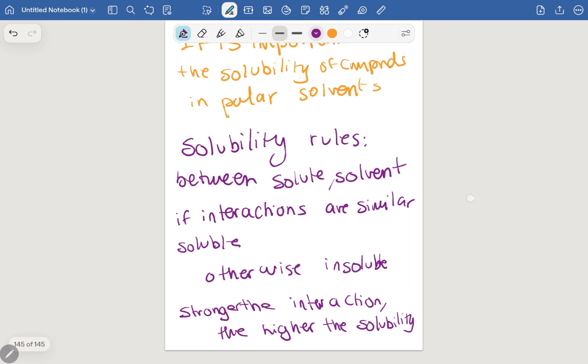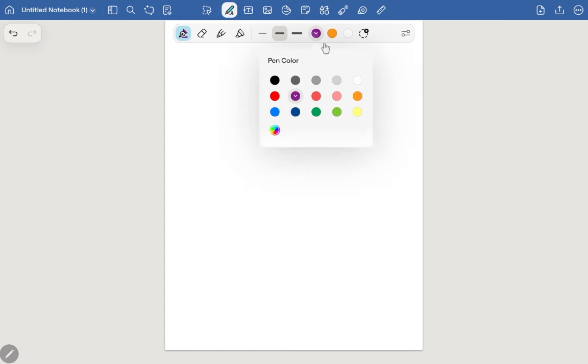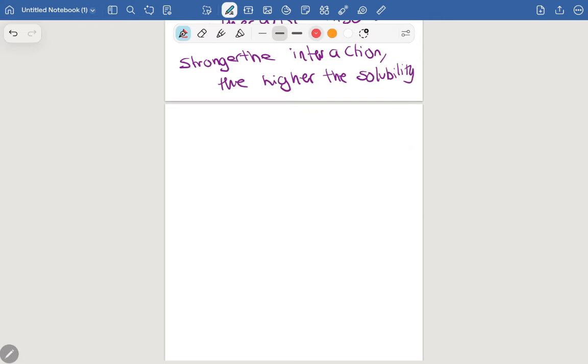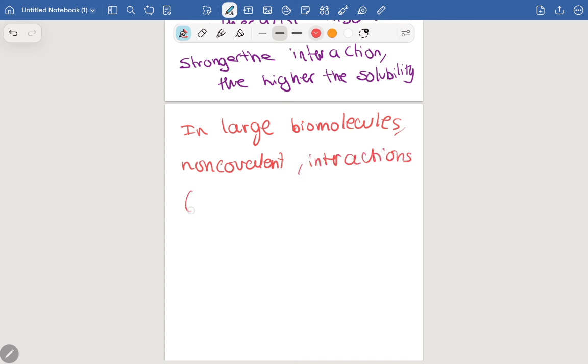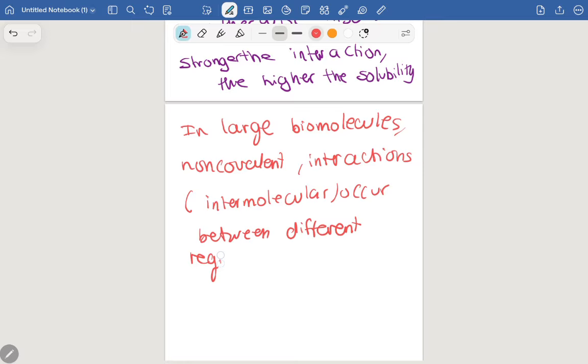Here, this is not really that necessary, but I'm still going to write it. In large biomolecules, non-covalent interactions, which are basically intermolecular forces, occur between different regions of the same large biomolecule.